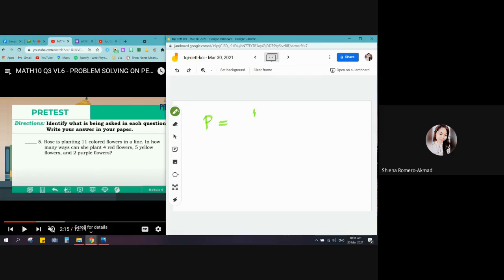So, gagamitin natin dyan yung formula for indistinguishable objects, which is n factorial divided by a factorial times b factorial times c factorial, and so forth.